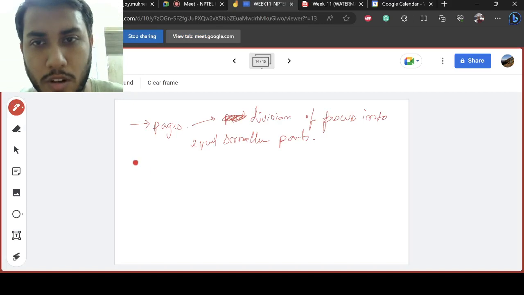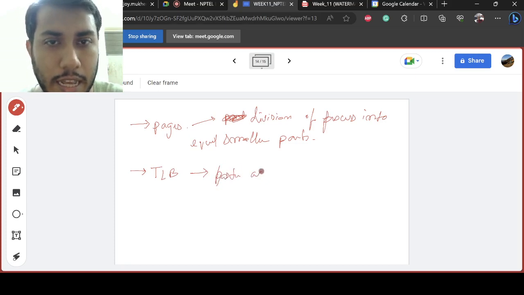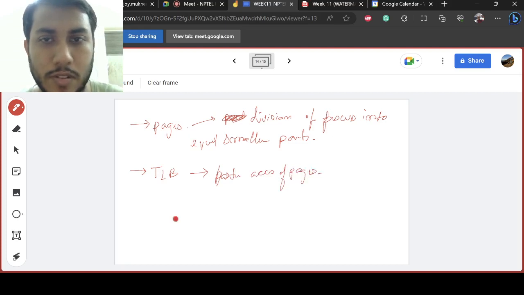And we also came across TLB for faster access of pages.